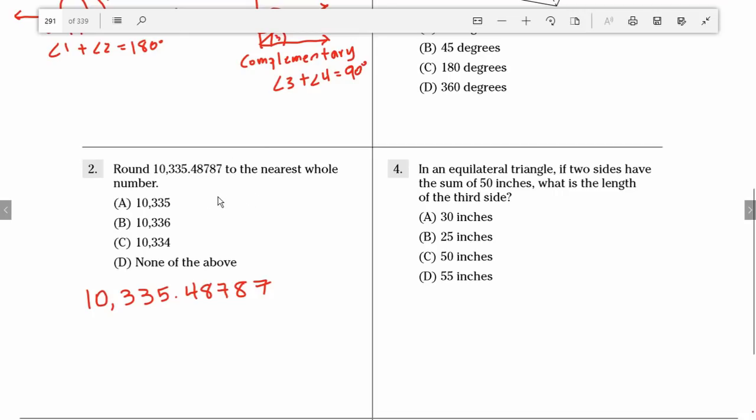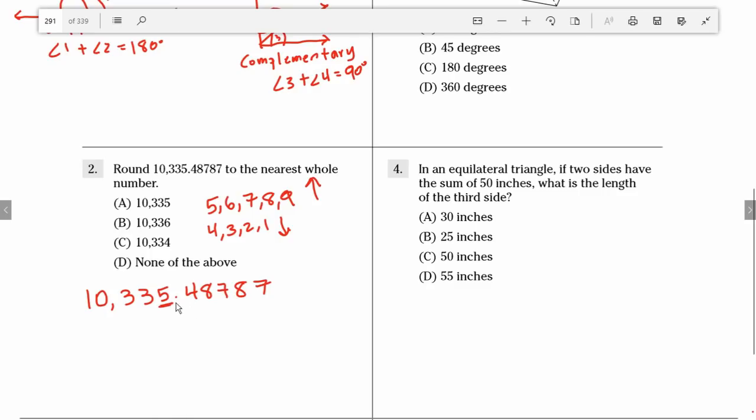If the number to the right of the number you're trying to round is 5 itself or greater, that is 5, 6, 7, 8, or 9, you round up. If it's 4, 3, 2, or 1, you round down. Okay? In this case, we're being asked to round to the nearest whole number, which is right here.